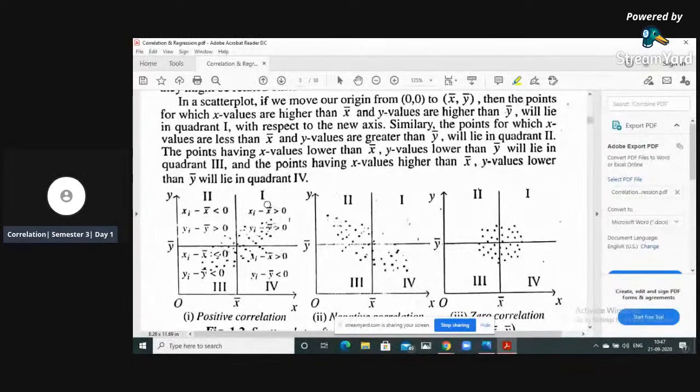That means this particular quadrant. Similarly, the points for which x values are less than x bar and y values are greater than y bar will lie in quadrant 2.